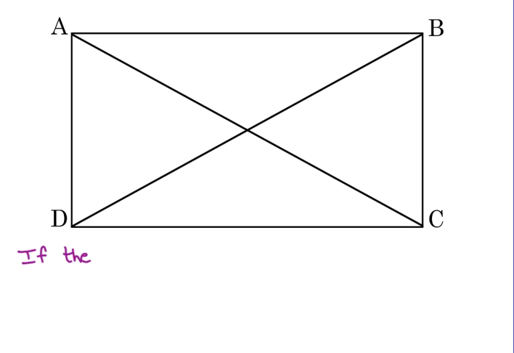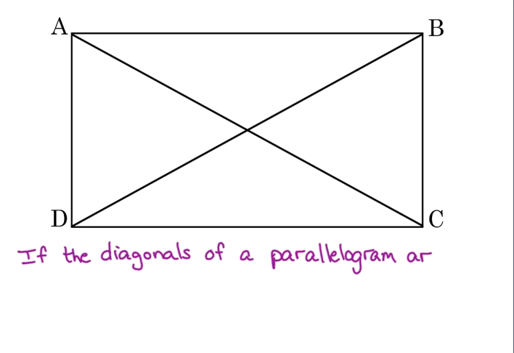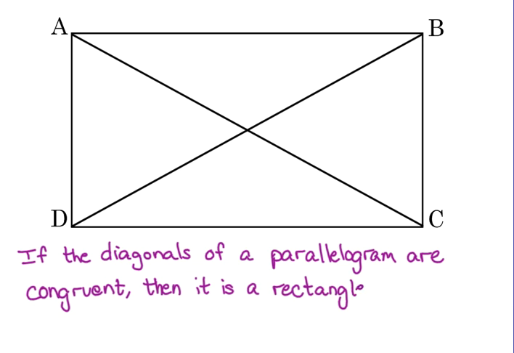If the diagonals of a parallelogram are equal, or congruent, then it is a rectangle. Okay, if the diagonals of a parallelogram are congruent, then it is a rectangle.